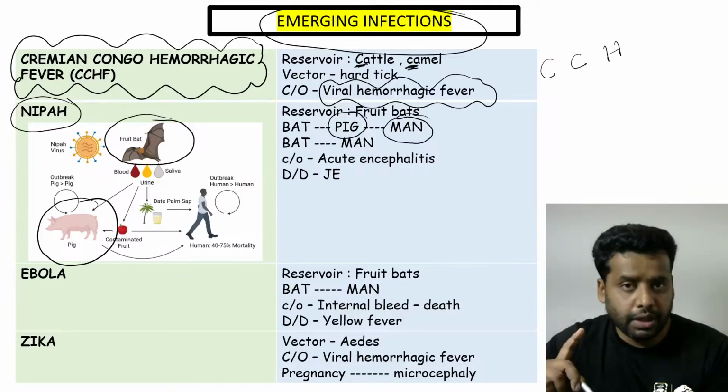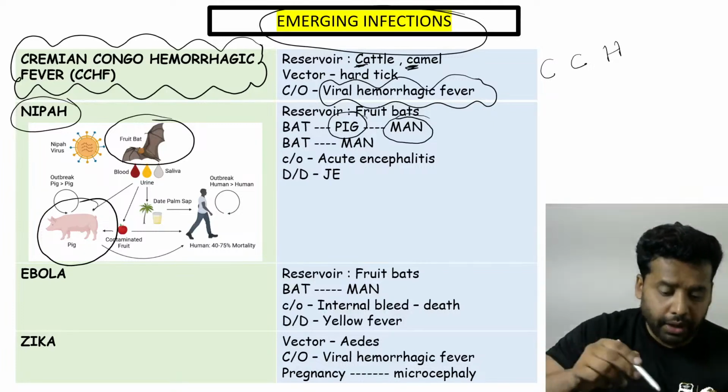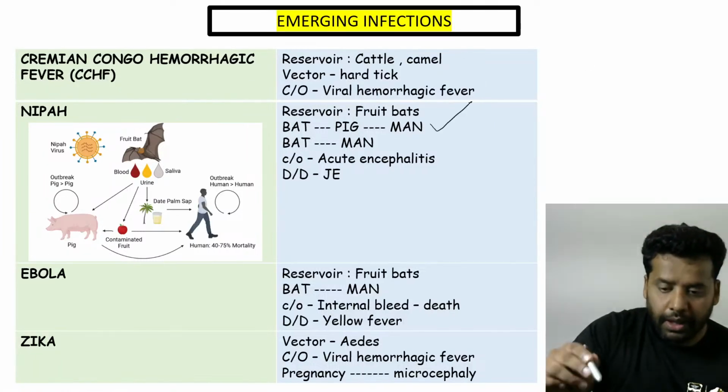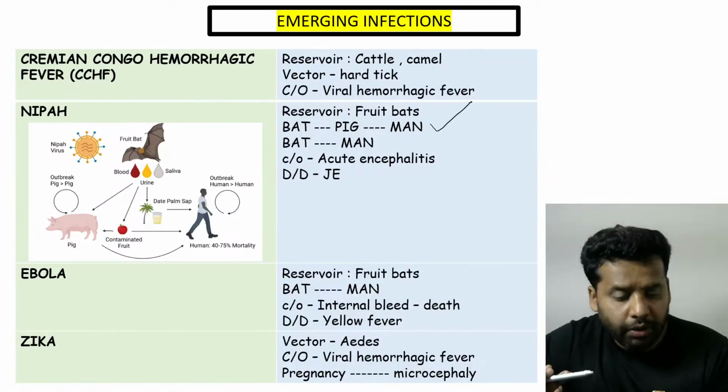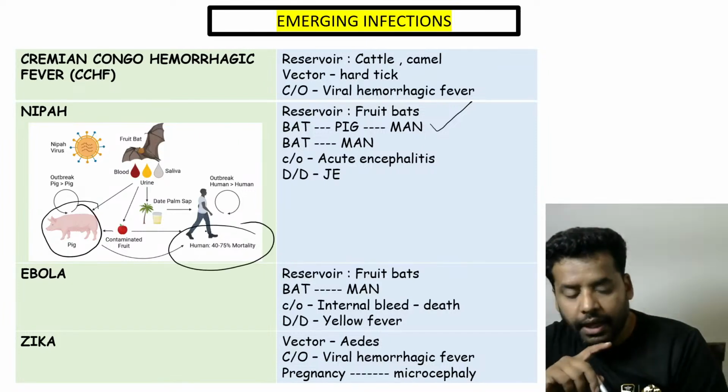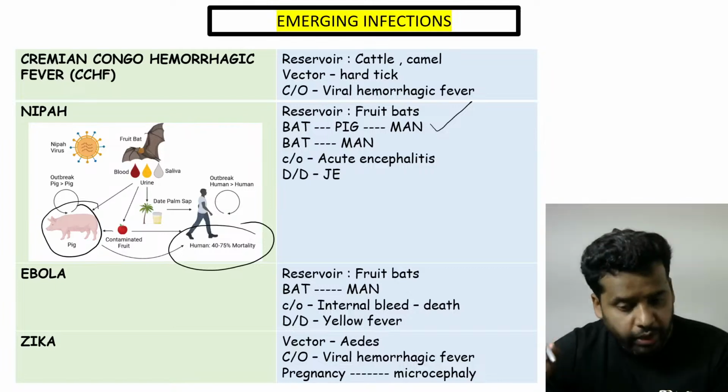This is one route of transmission, which happened in Malaysia. So repeat the words: bat, pig and man. Bat drops the fruit, pigs consume it, then humans are affected. Bat, pig, man: one cycle.